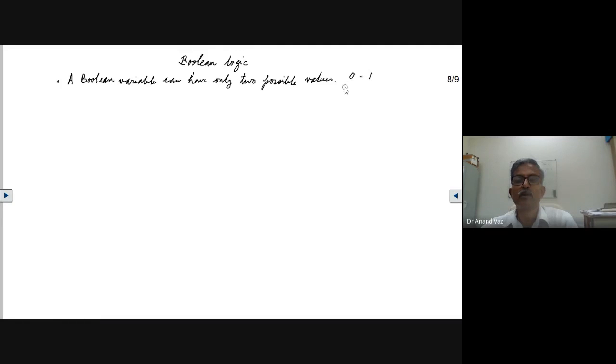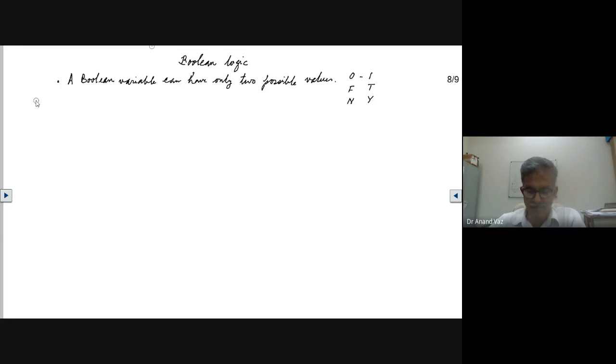Sometimes we may call this as false, this as true, no, yes. So it depends how you denote it. There are different ways in which it can be represented, but we will be dealing with 0 and 1. Either a 0 or a 1.